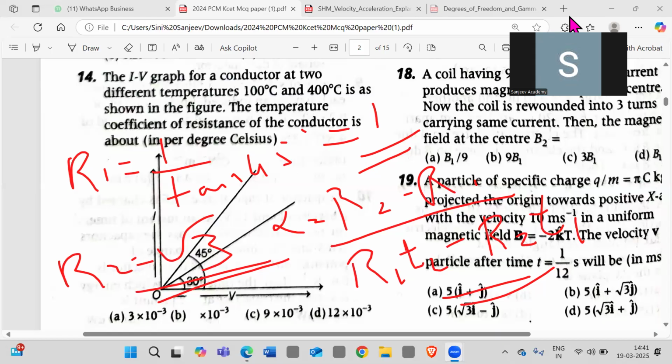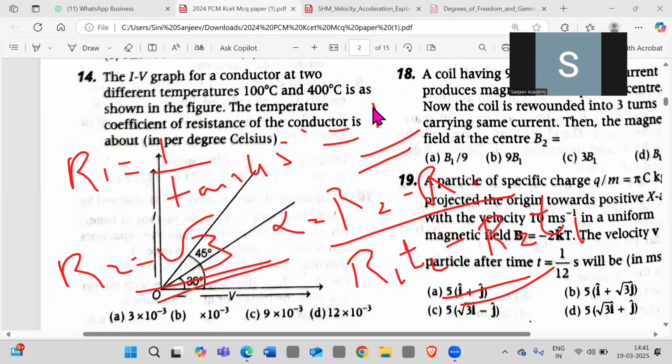I think I'm getting some answer. Option B. One second. Hasini, let me know what is the answer you're getting. You can just make it as 7 into 10 power minus 3. Option B, if you want, you can make it as 7 into 10 power minus 3.